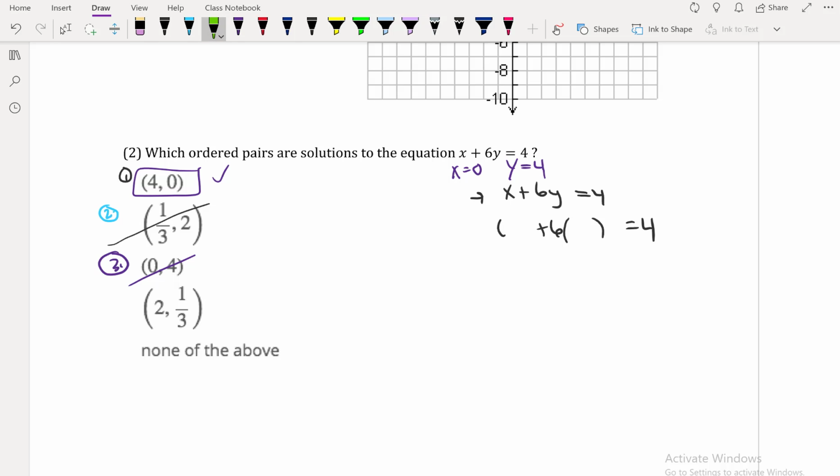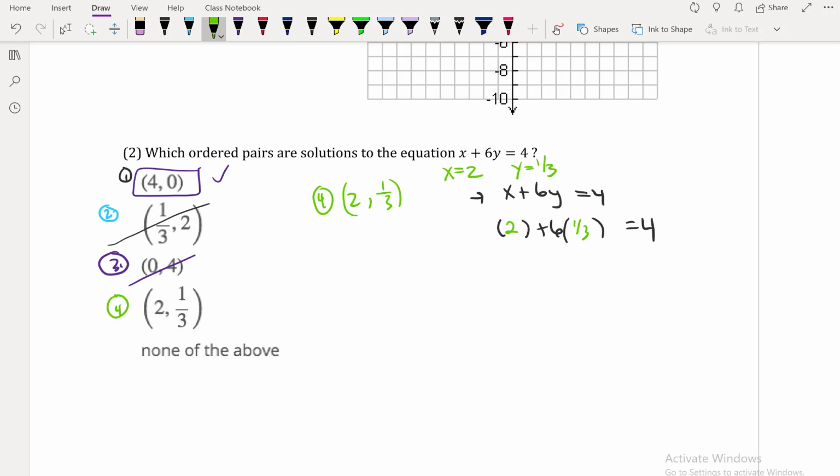And now for my last one, I have 2, 1/3. So this is saying that my x value is equal to 2 and that my y value is equal to 1/3. So x here, the value that I'm plugging in is 2 and my y value that I'm plugging in is 1/3.